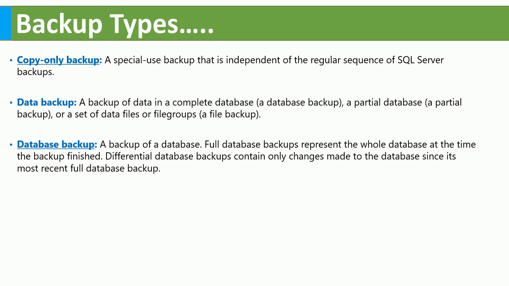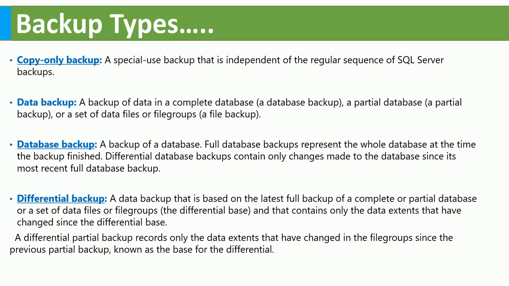A database backup is a backup of the full database, representing the whole database at the time the backup finished. So database backup means you are taking the complete database backup. A differential database backup contains only the changes made in the database since the most recent full database backup.